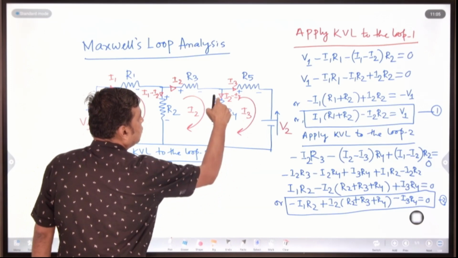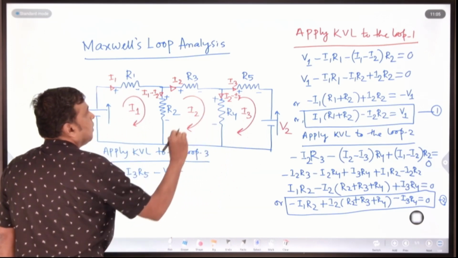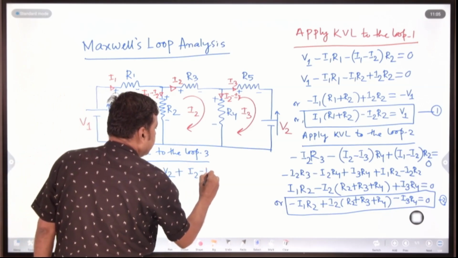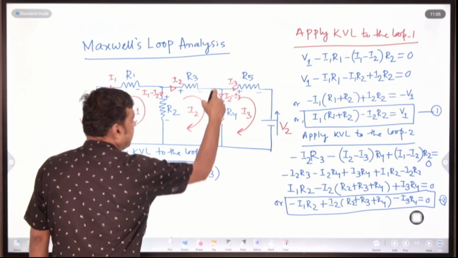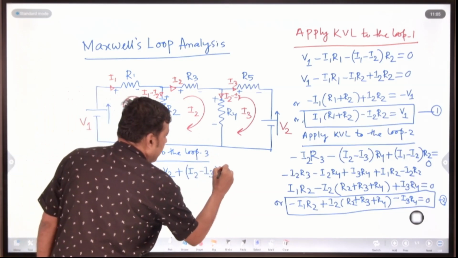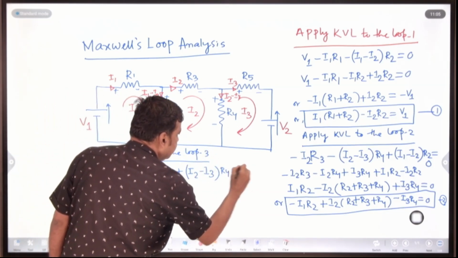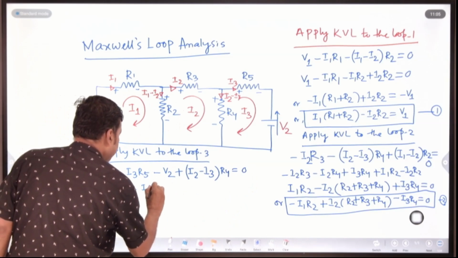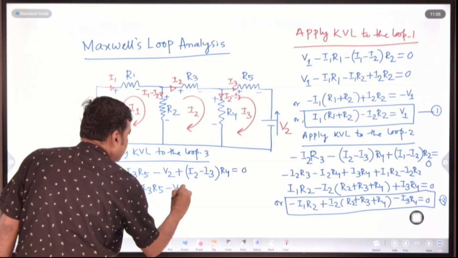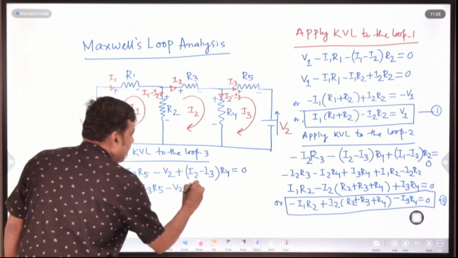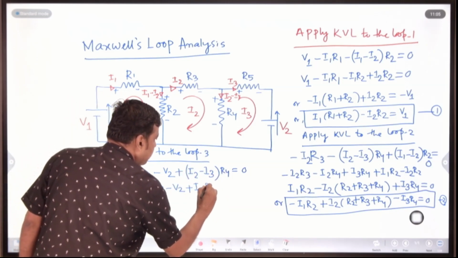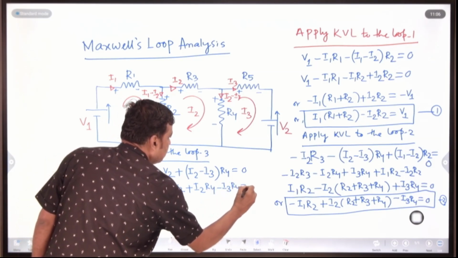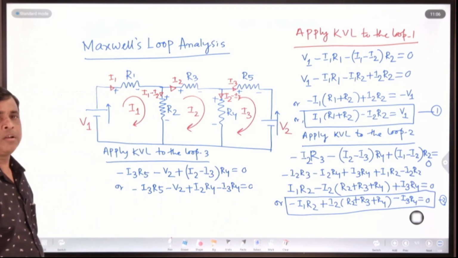Again this will be minus to plus, plus, the current flow through this branch is I2 minus I3, into R4 equal to 0. So minus I3 R5 minus V2 plus I2 R4 minus I3 R4 equal to 0. Are you getting or not?